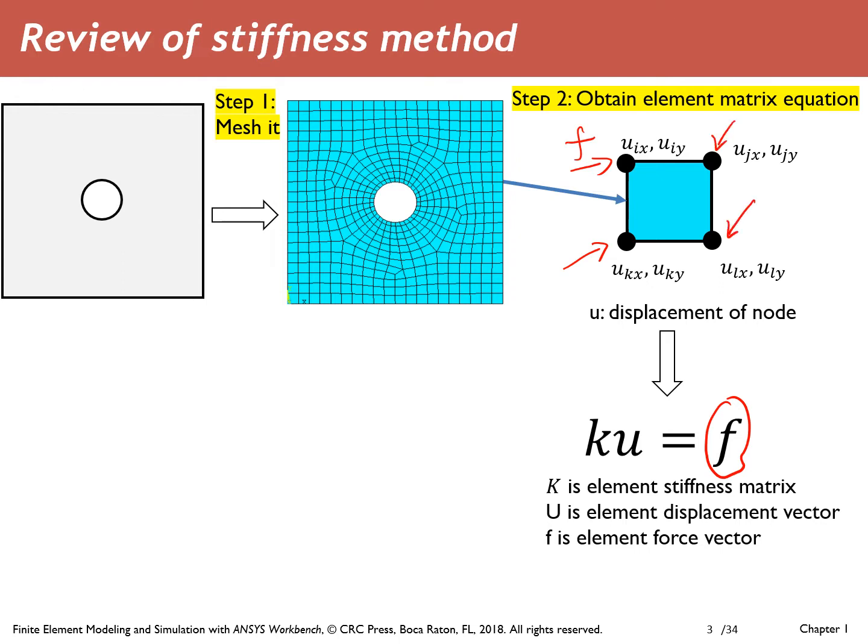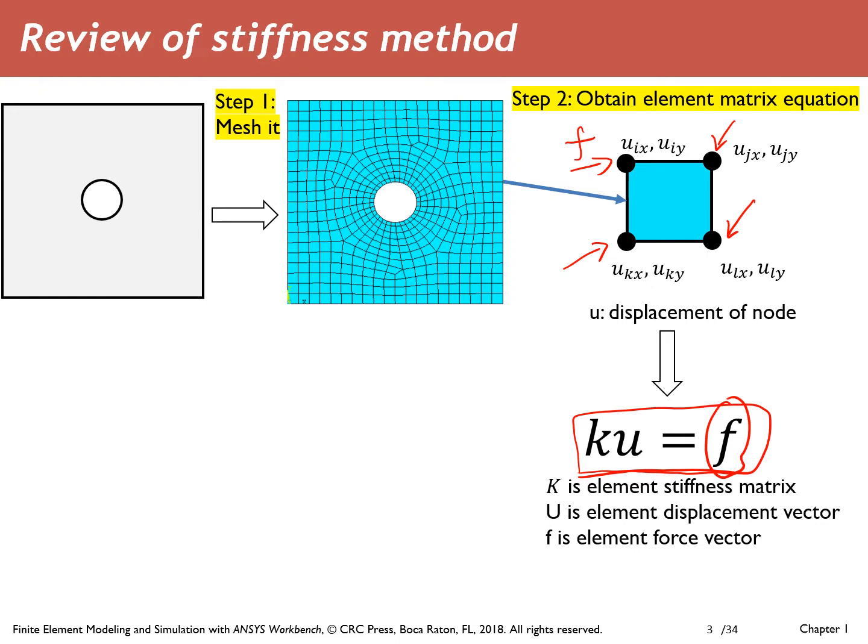At each node there will be a force, and it can have an X component and a Y component. When we apply force to it, there will be displacement on the node. Based on the force relation, we can generate a stiffness equation for this element: K is the element stiffness matrix times U, the displacement vector for the 4 nodes, equals F, the external force applied on the 4 nodes.